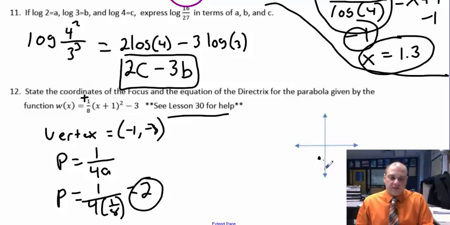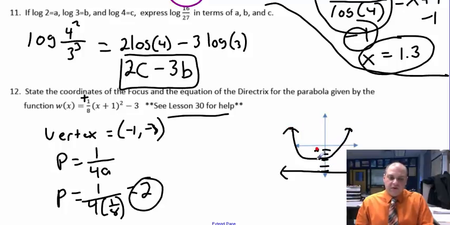Up 2, remember this was at -3, so we're going up 2 units. Right there is our focus, and then down 2 units is going to be our directrix line. So that's our directrix, and here's our focus, and our parabola must do something like this.